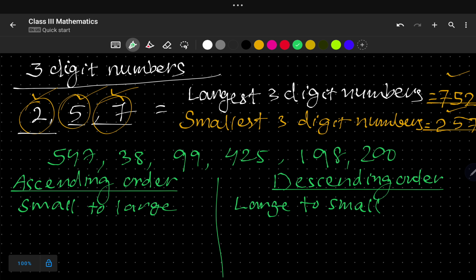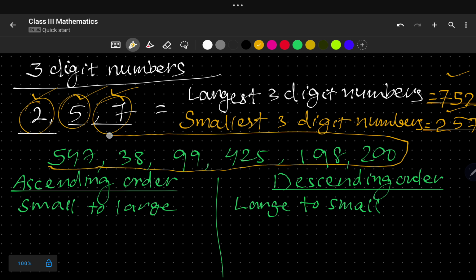If we put these numbers in ascending and descending order, then we have to find out the smallest out of this. Here you can see two-digit numbers are there, 38 and 99. So we will take first 38, then 99. After that you can see three-digit numbers.